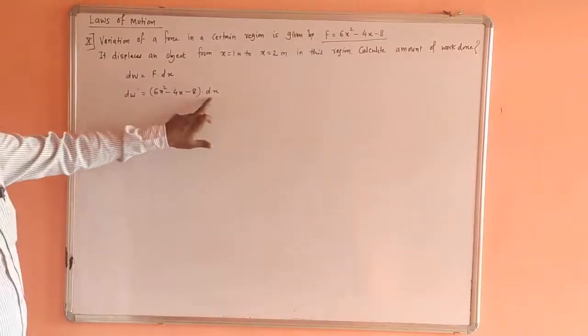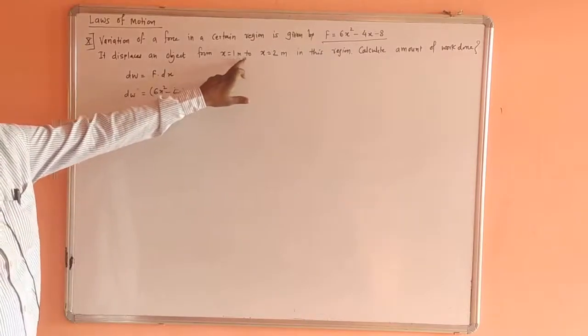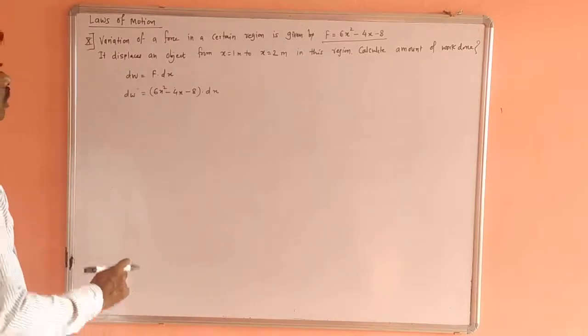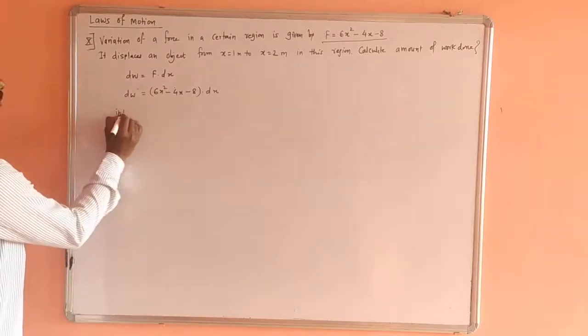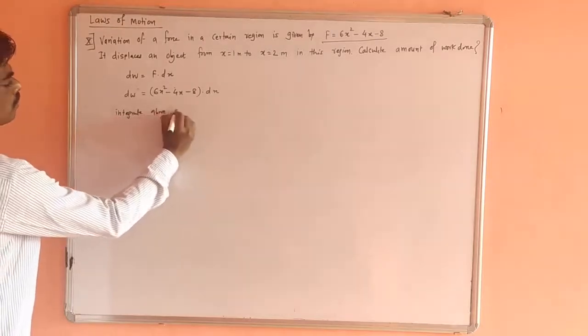This dx means change in displacement. It is from x = 1 meter to x = 2 meter. So to find this, we have to integrate the above equation.